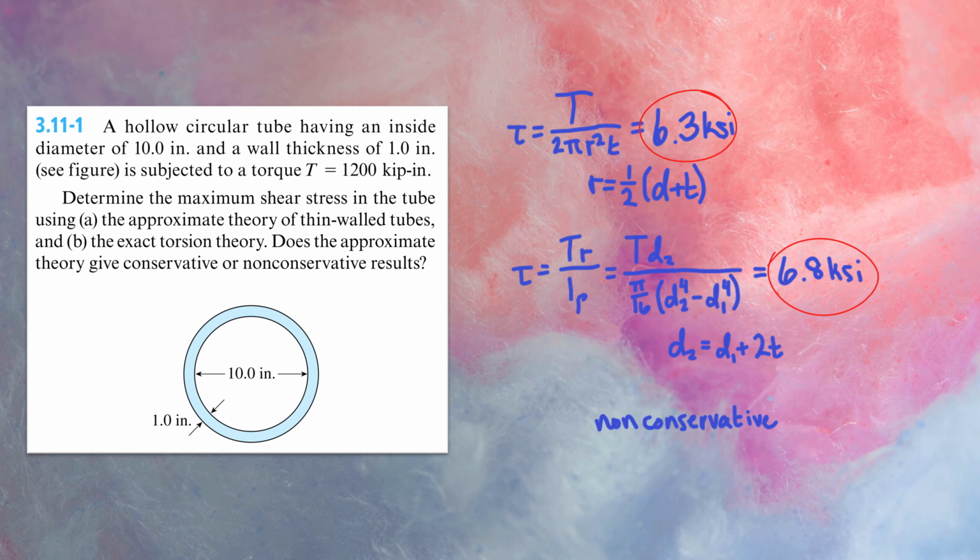So you are undershooting the true value. The reason this is non-conservative is because we think that we have more leeway than we actually have, and that's dangerous.